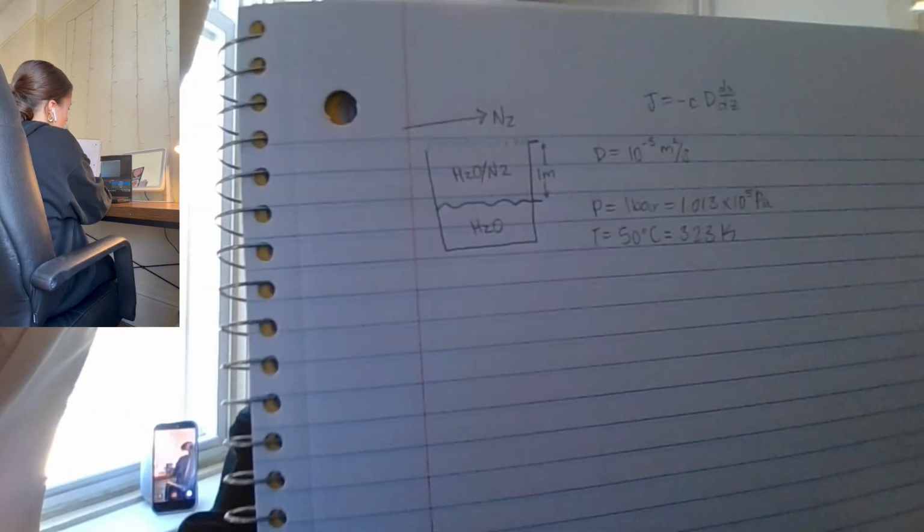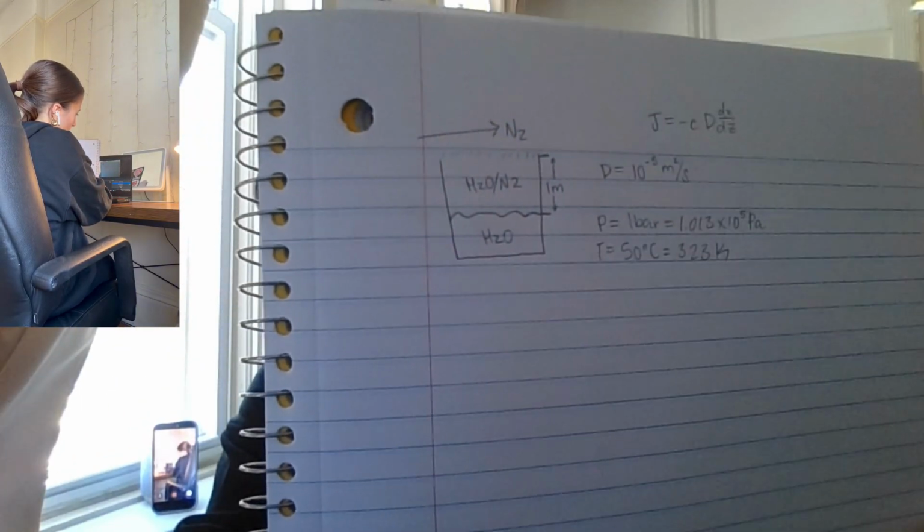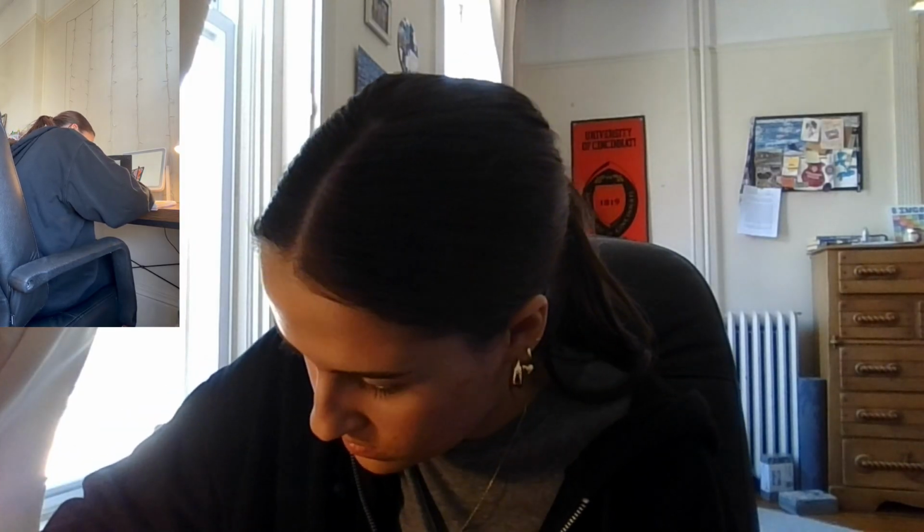So you just do 50 plus 273, that'll be 323 Kelvin. So these are some values that we're going to have defined for this problem. And now we can go ahead and take the equation that we derived for N2, but we're first going to look at H2O.